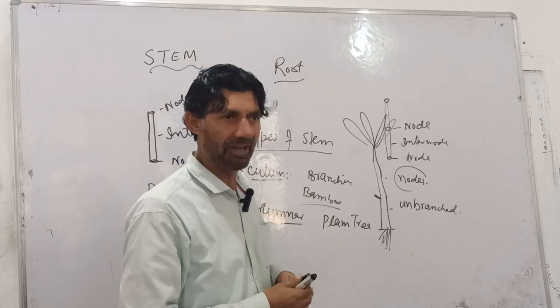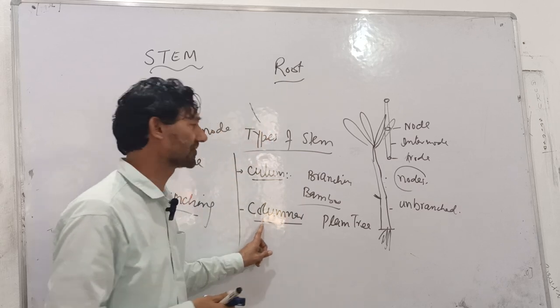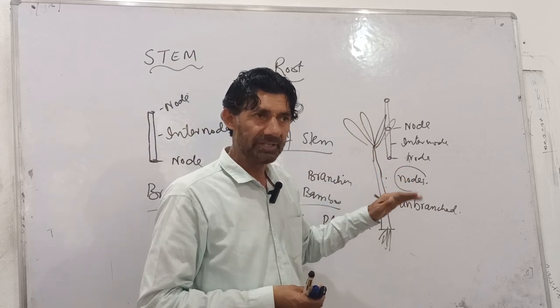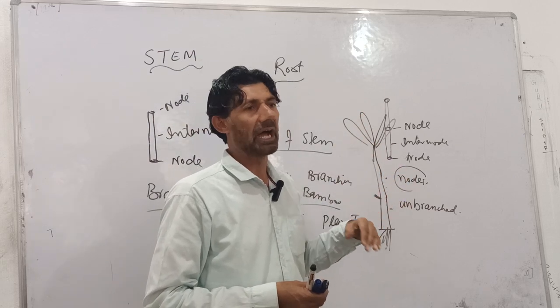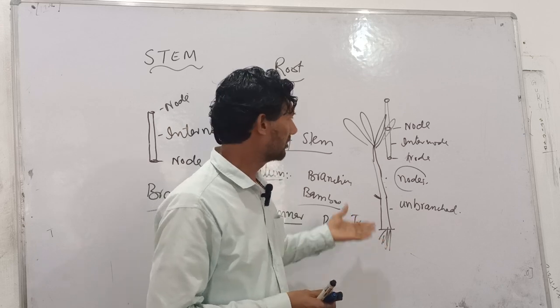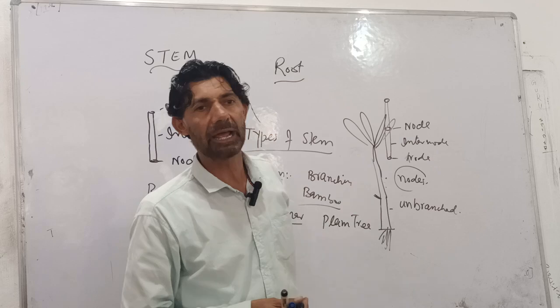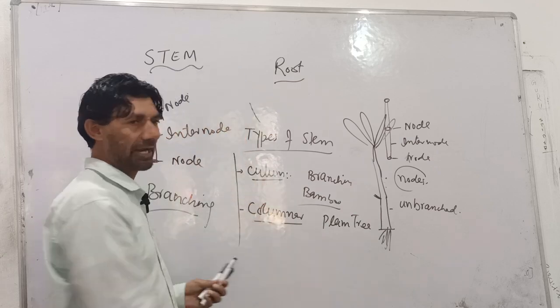The palm tree stem is called a columnar stem: the main trunk has no branching, and the bulky leaves arise on the top or apex of the stem.